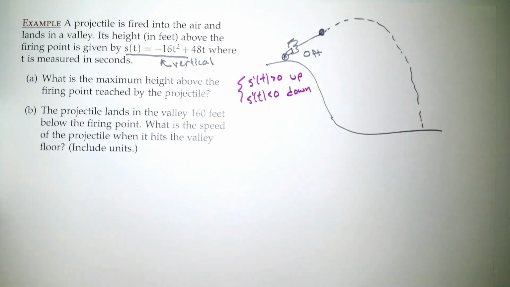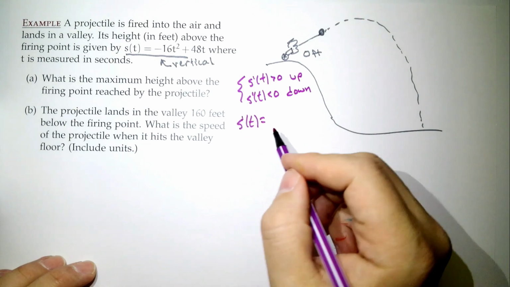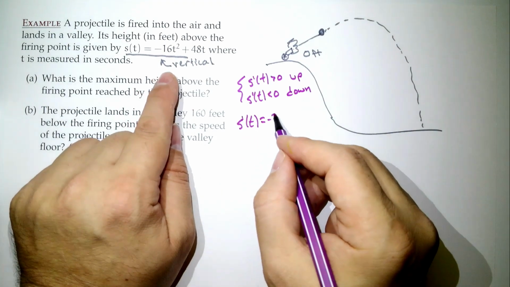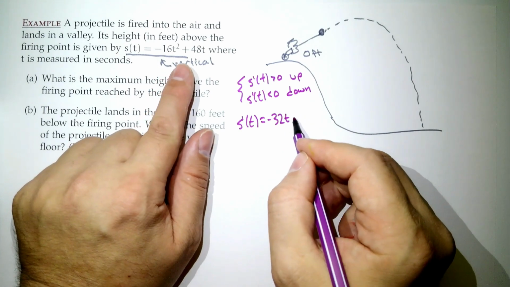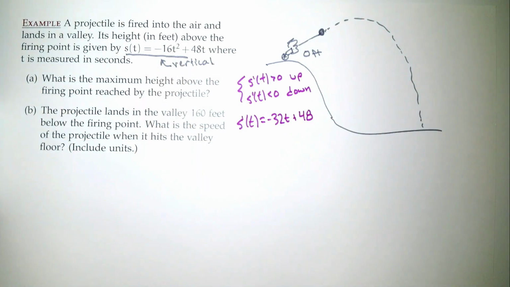So what I want to do is I want to say, well, when do I transition from up to down? That's the high point. So what is s prime of t? Negative 32t plus 48. So that's s prime of t. So where am I interested in?